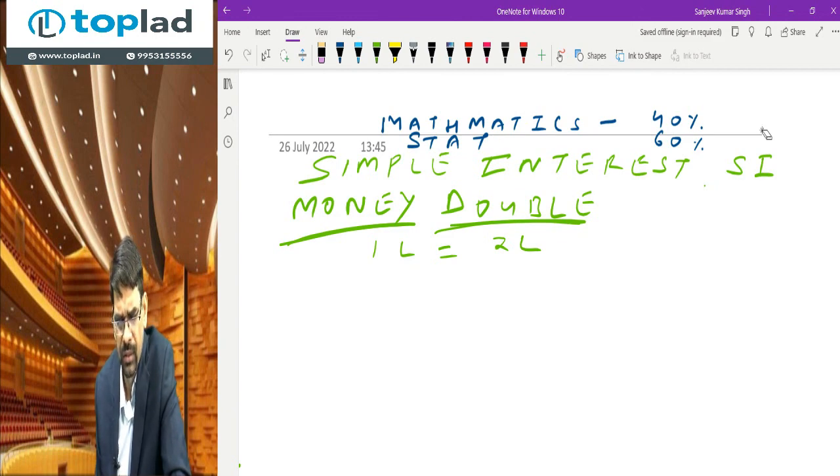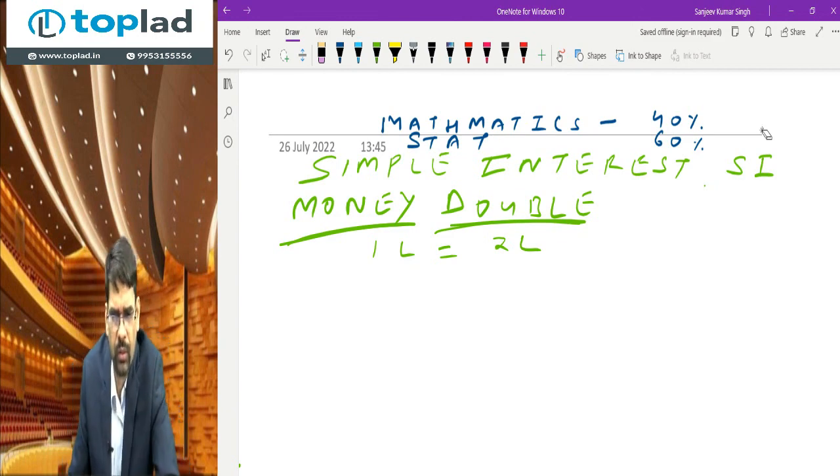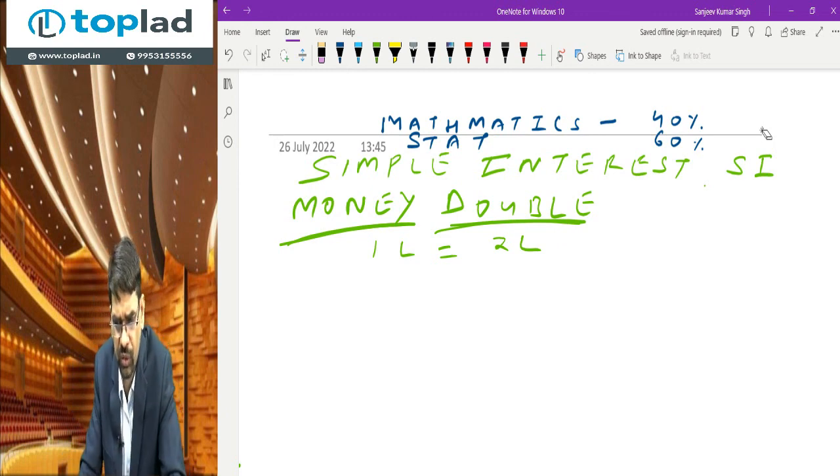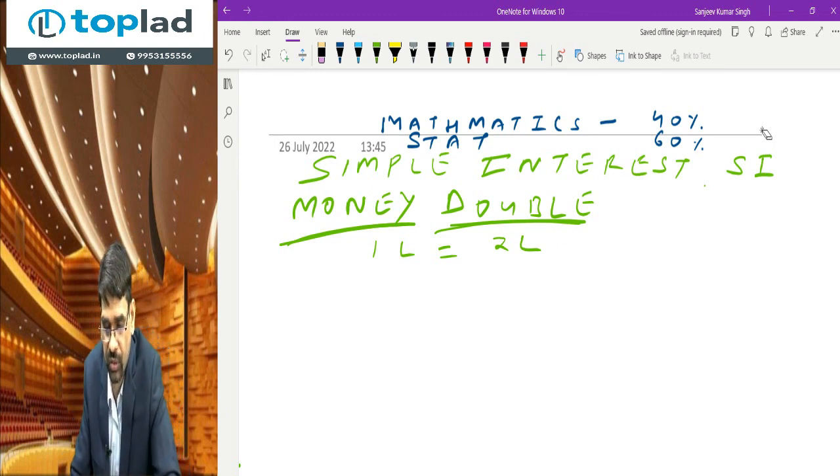Why am I writing this 5 to 6 times? Just so you remember this formula.